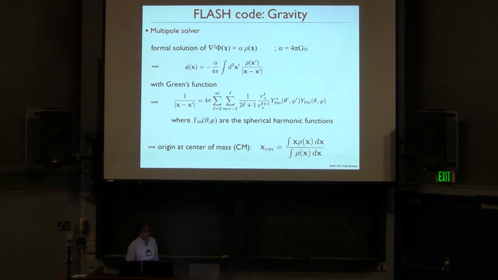So that's given here. This is always the origin of the coordinate system you're using here, the center of mass. For a spherical problem, it of course makes sense, where you have a spherical mass distribution which most probably peaks at the center.